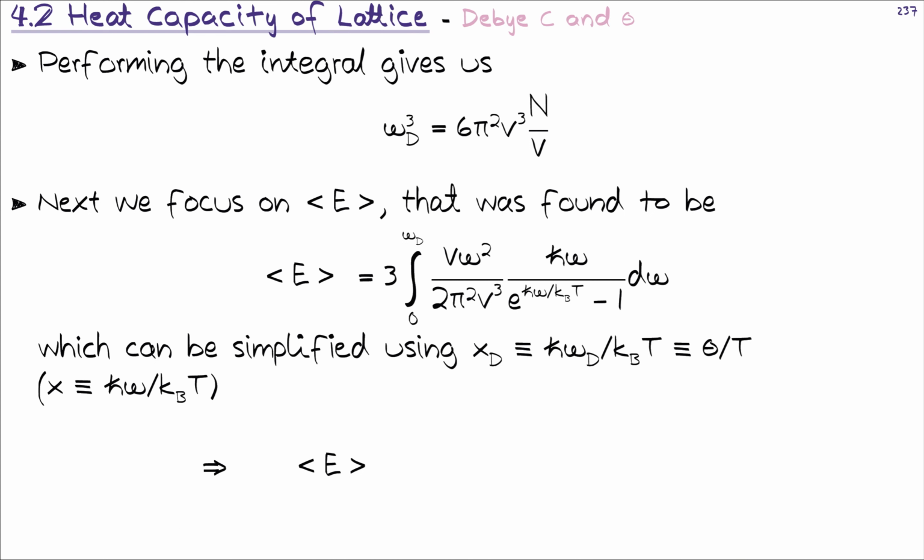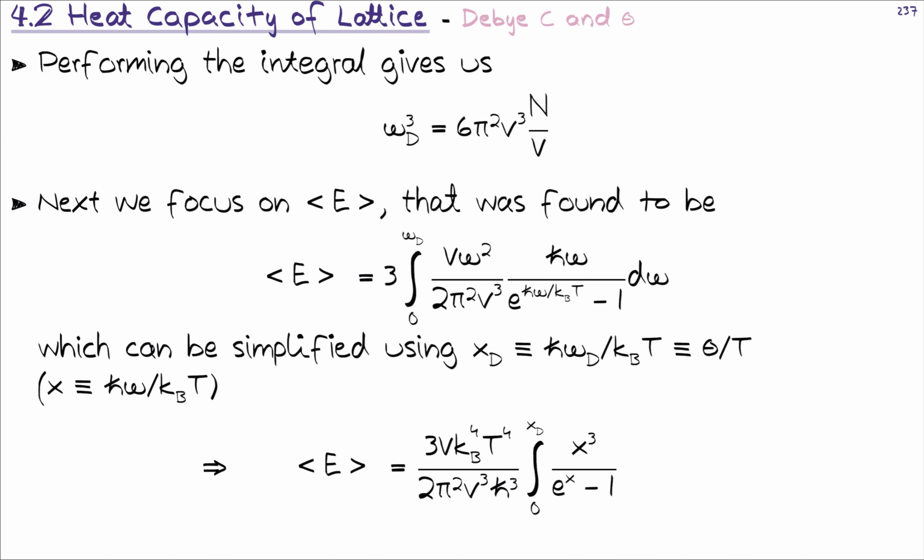So we have the mean energy equals 3 times the volume of the solid V times k_B to the power of 4 times temperature to the power of 4, divided by 2 pi squared times v cubed, the speed of sound in the solid, times h bar cubed. And we integrate now variable x from 0 to x_D, and here we have a relatively transparent integrand now.